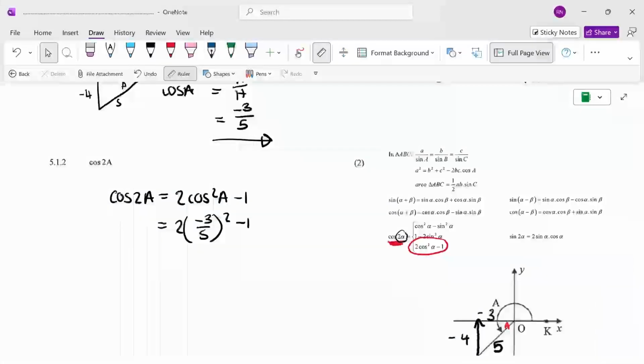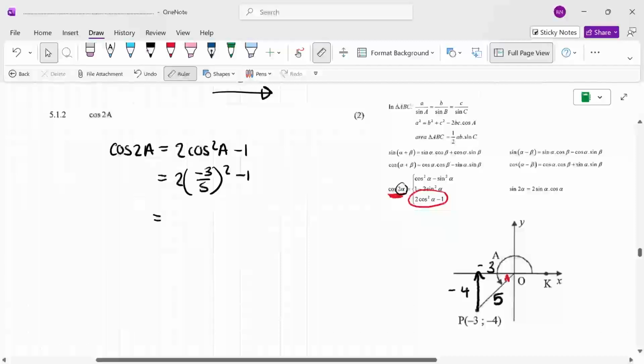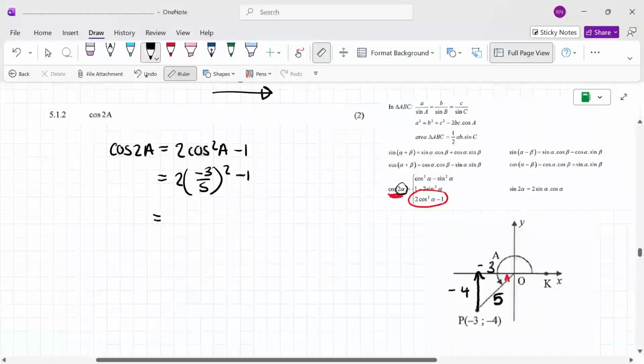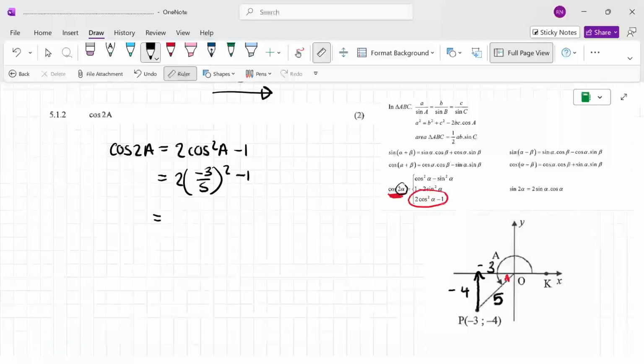And minus 1, okay? And then you can just put this in your calculator. You don't really have to worry about writing down all the steps. So in this case, if I put this in my calculator, my answer is going to be -7/25. That's my answer.